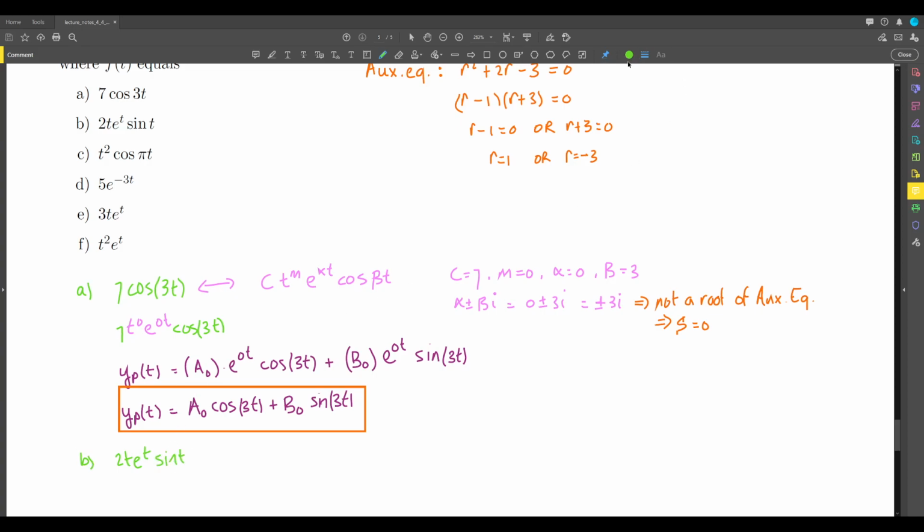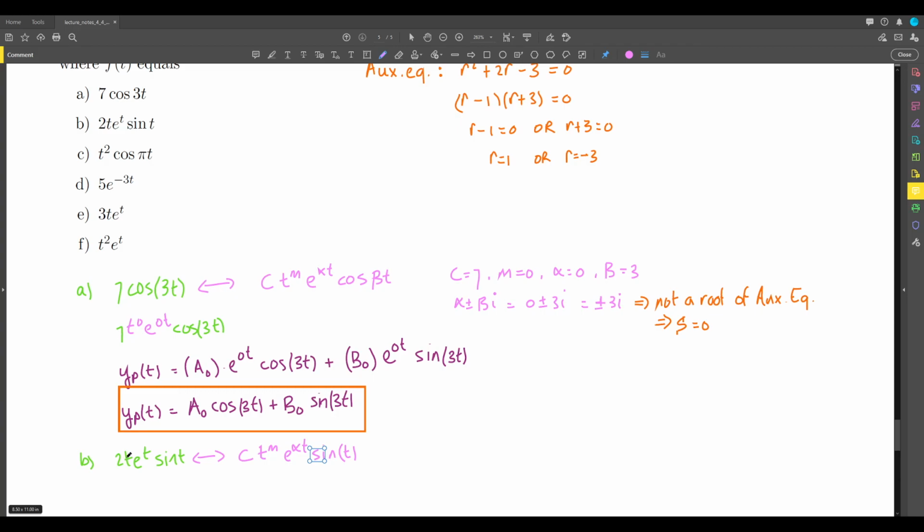And so we're going to compare that with this one right here, but just with a sine. So we're going to compare that with c t to the power m e to the power alpha t sine of t.